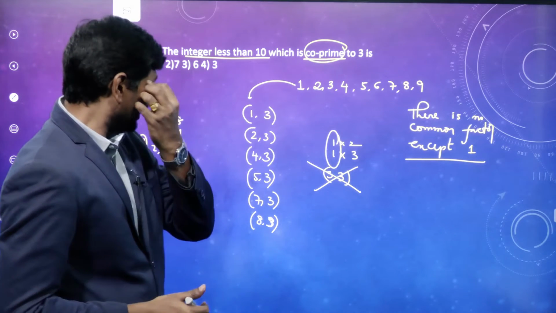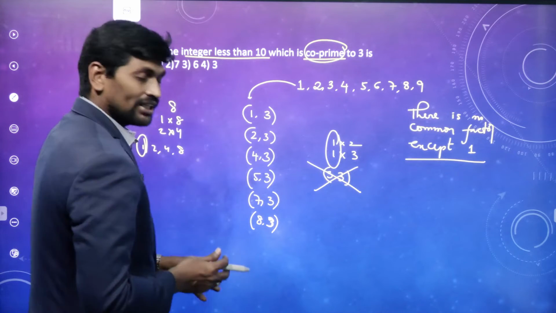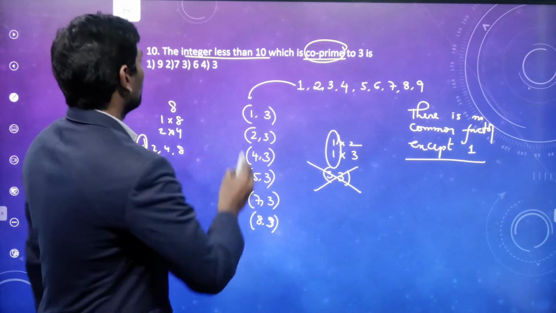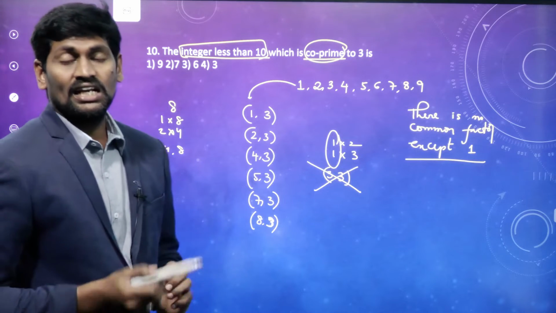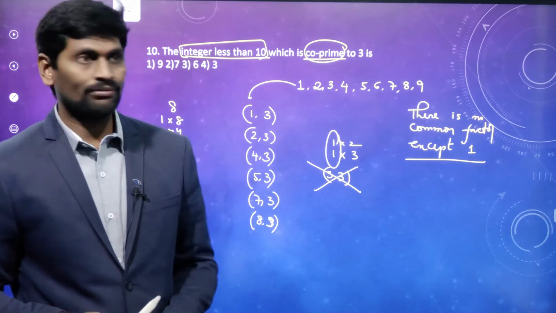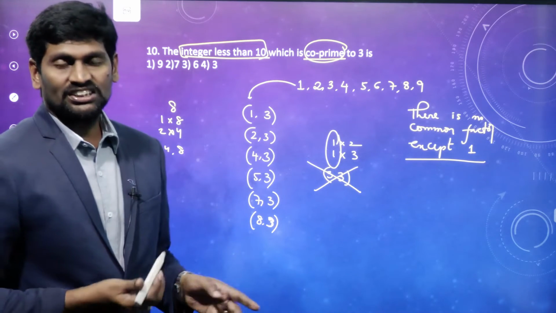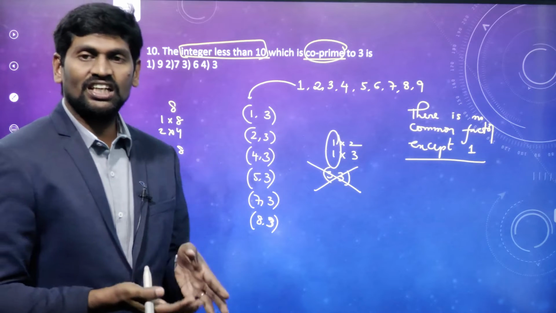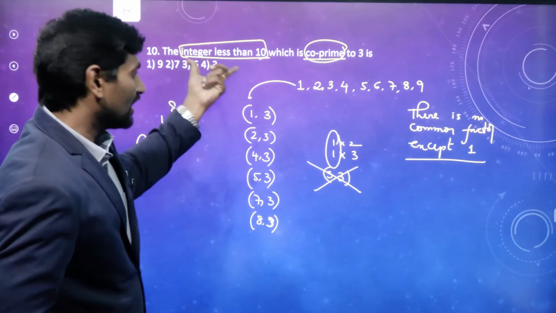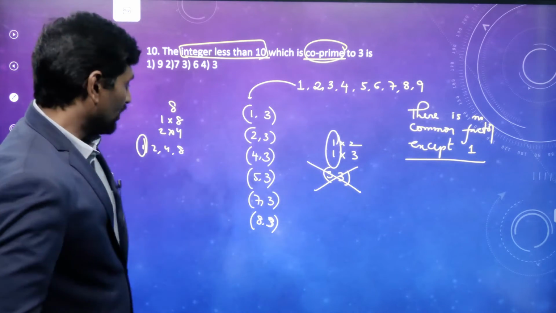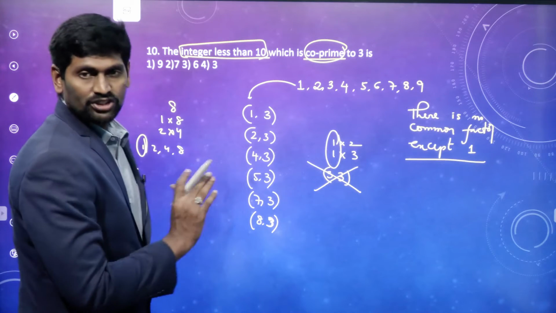So 9 we are not writing, and we are not considering 10 either, because clearly it is given integers less than 10. If it were less than or equal to 10, we could consider 3 and 10 as co-primes. But here it is less than 10 only, so we have to check up to 9.